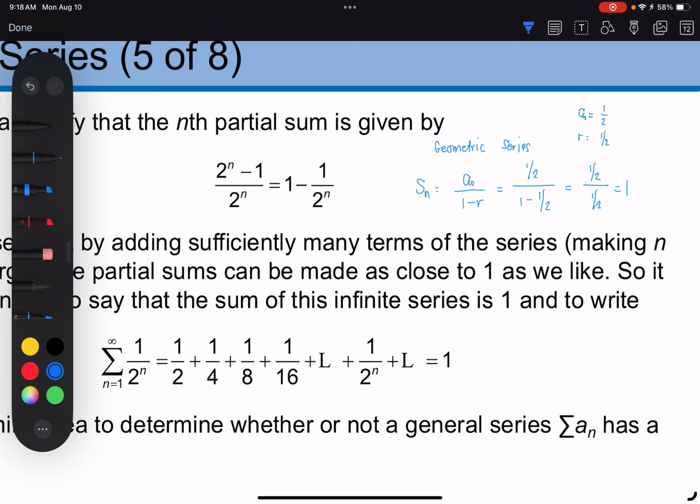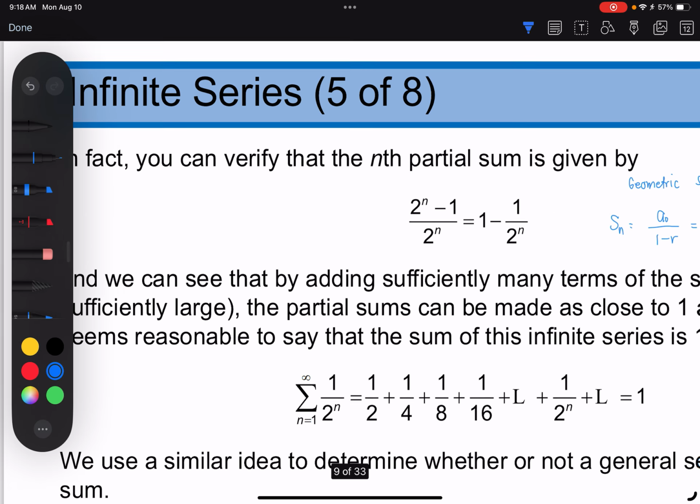So if we are going to consider that this is not a geometric series or an infinite series, we can use the partial sum.